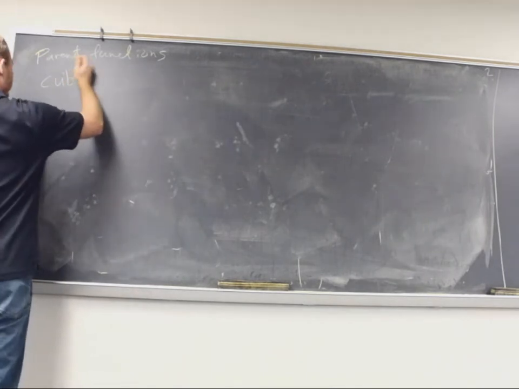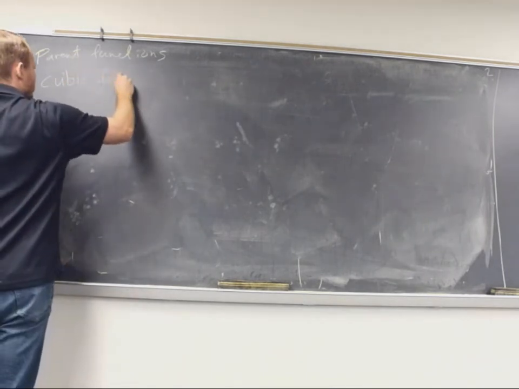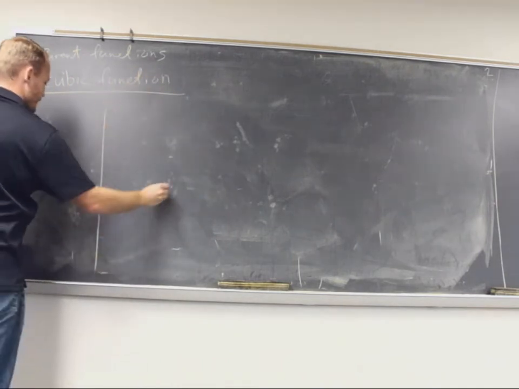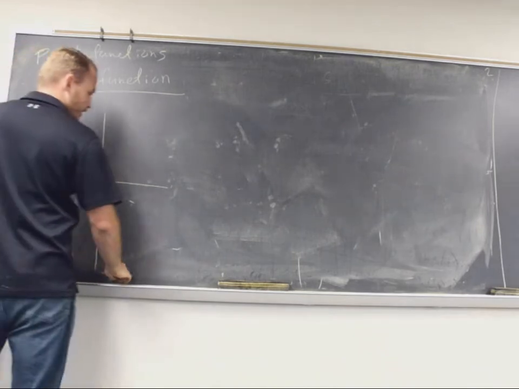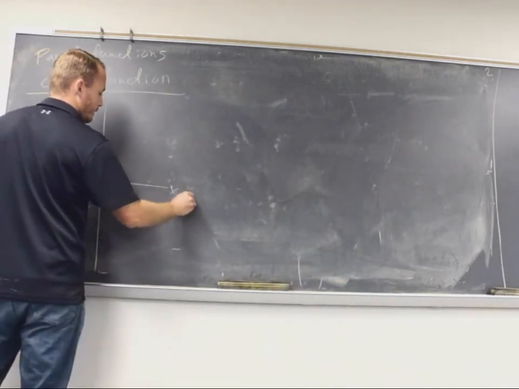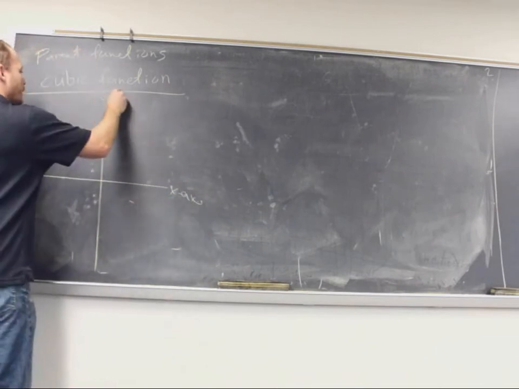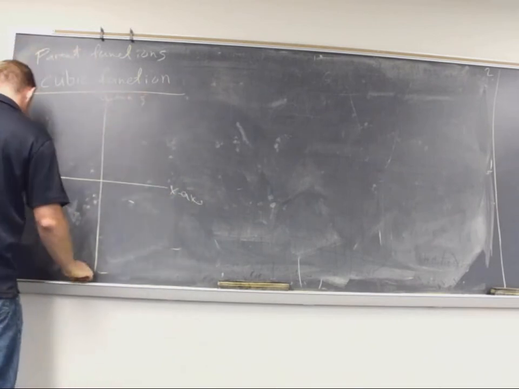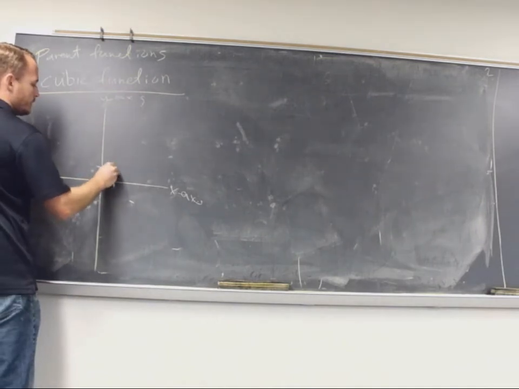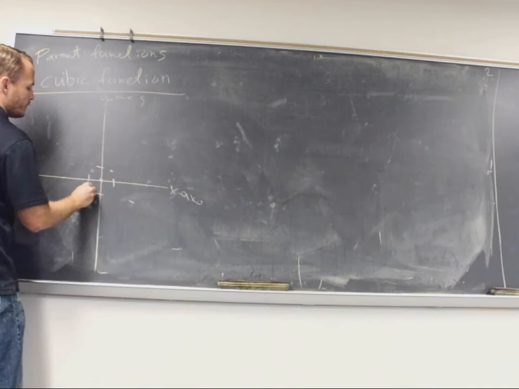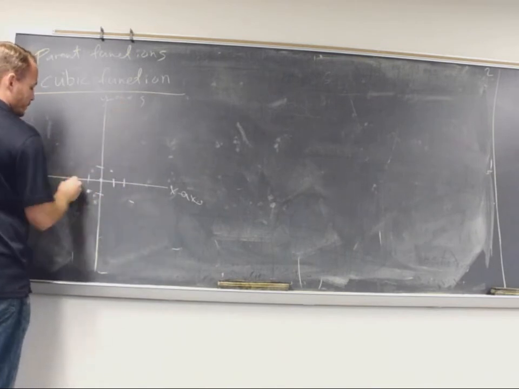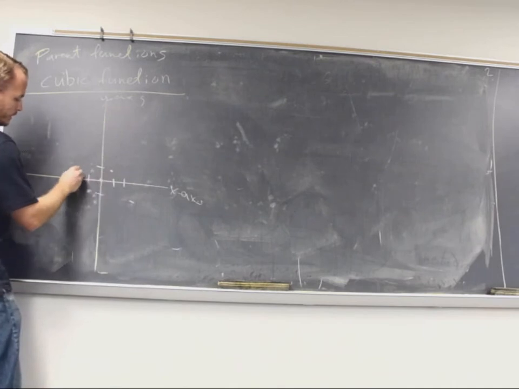The cubic function. x-axis, y-axis. The cube has 0, 0, 1, 1, -1, -1, and then it will have 2, 8, and -2, -8.